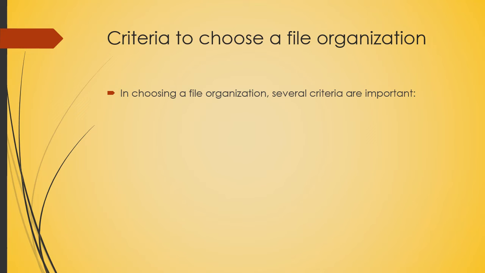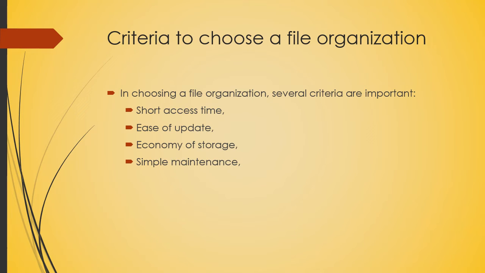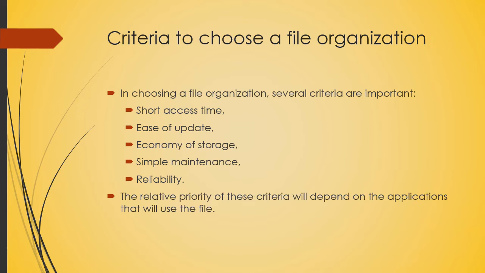In choosing a file organization, several criteria are important: short access time, ease of update, economy of storage, simple maintenance, reliability. The relative priority of these criteria will depend on the applications that will use the file.